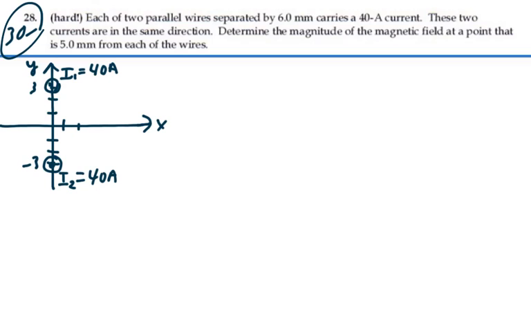Then we have a point on the x-axis, point P, where we are exactly 5 millimeters away from each of these wires. So we truly have ourselves a 3, 4, 5 triangle.